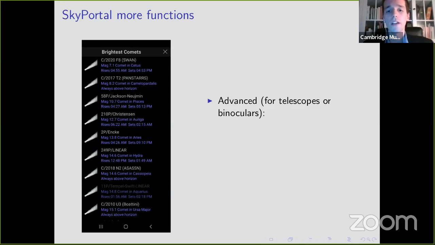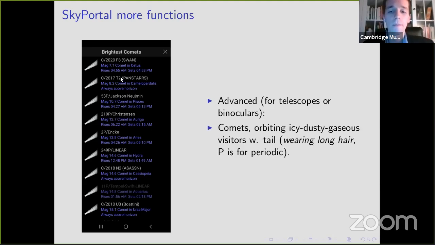Then there are more advanced ones. These are for those who have telescopes or binoculars. One can see a list of comets, and comets are orbiting icy, dusty, gaseous visitors with a tail. Derived from the Greek kometos, which means wearing long hair due to their tail.